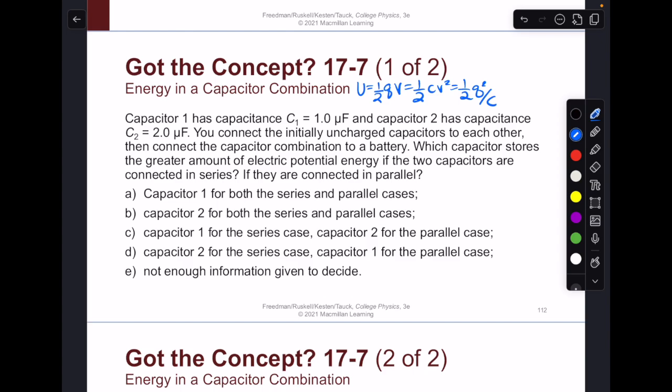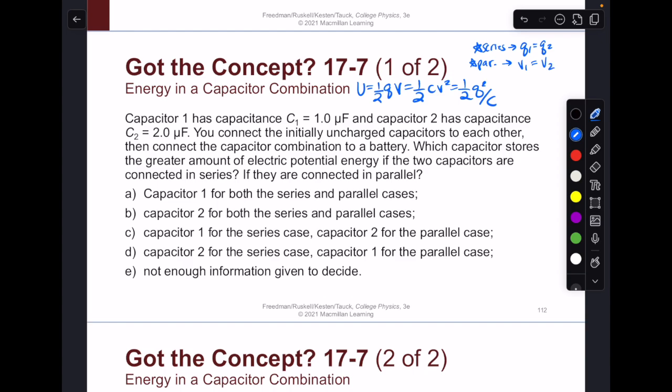So we also need to remember how a series arrangement behaves versus a parallel arrangement. So the way a series arrangement behaves is that Q1 equals Q2. So the charge on the plates of capacitor 1 is equal to the charge on the plates of capacitor 2. In parallel, the potentials are equal.